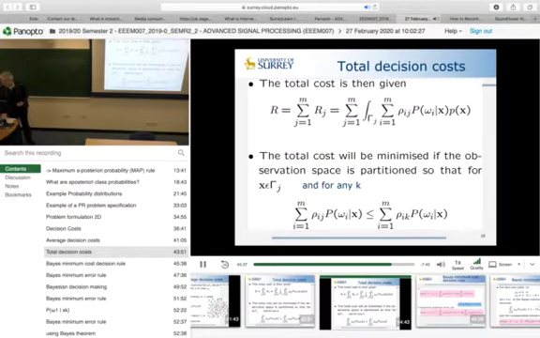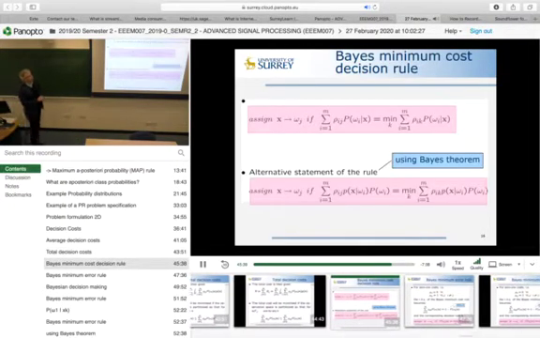And this leads us to the so-called Bayes minimum cost rule. It says, how should I assign X? And it says, I assign X into class omega J if the average cost of assigning into class J at that point, from all of the classes it could have been, because we don't know what the classes were, is the minimum over all the possible assignments that I could have made.